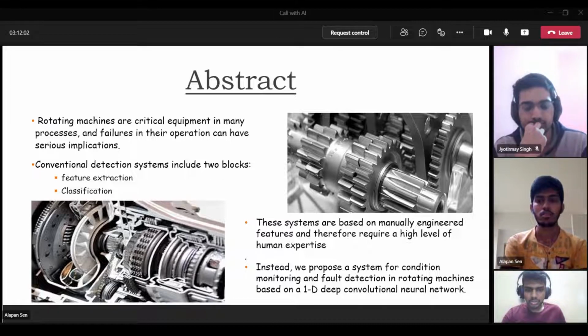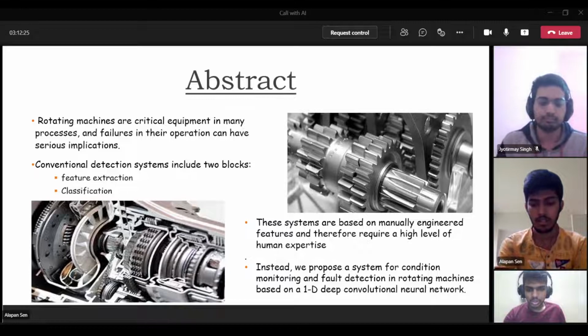These systems are based on manually engineered features and therefore require a high level of human expertise to maintain as well as use them. Instead of this, we propose a system for condition monitoring and fault detection in rotating machines based on a one-dimensional deep convolutional neural network.